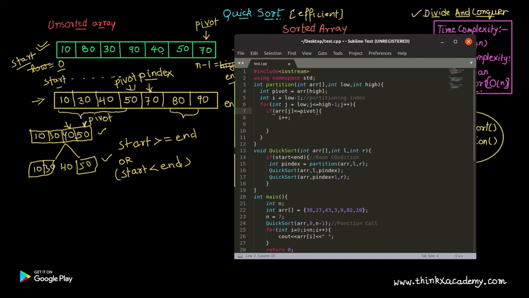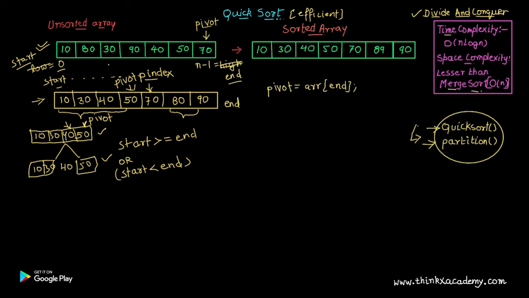So whenever you get this condition which says that the value at the j position is less than or equal to pivot, that means that it should be on the left hand side. So whenever you encounter an element which is less than the pivot element, you are going to swap it with the value at the j position, and you are going to increment the value of i.